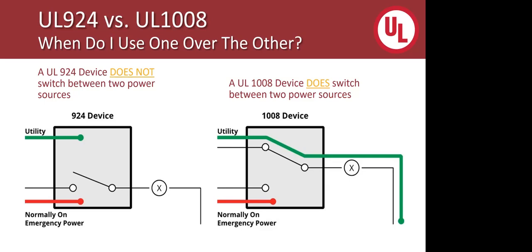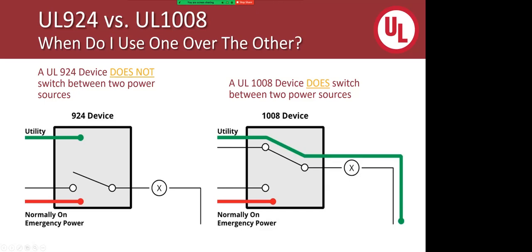So in this case, the inverter would always be powering that emergency fixture, even when there's normal power present. So the 924 device brings utility power into it for sensing to see if utility power is actually there or not. But it's only opening a relay to connect emergency power to the fixture.